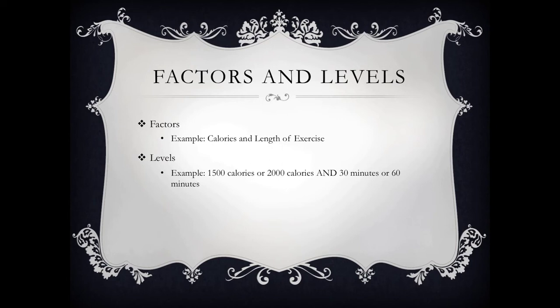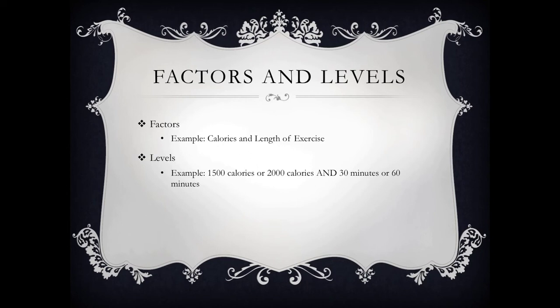So if you're studying different diets and exercise, the two factors would be how many calories you take in and how long you exercise. You might study different levels of that, 1,500 calories or 2,000 calories, and 30 minutes or 60 minutes. If you have different levels, this creates multiple groups you have to study.